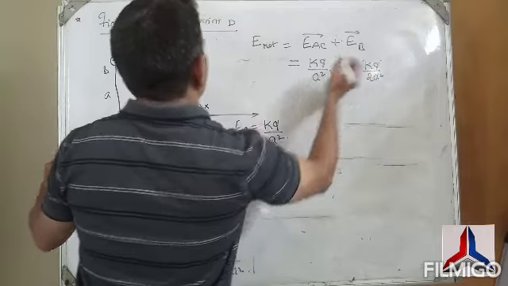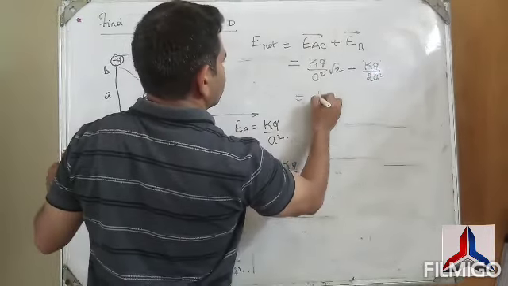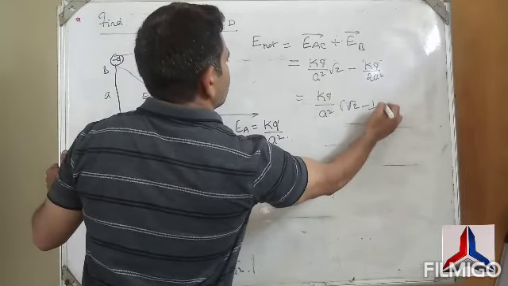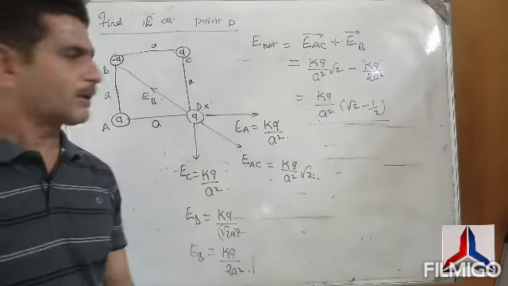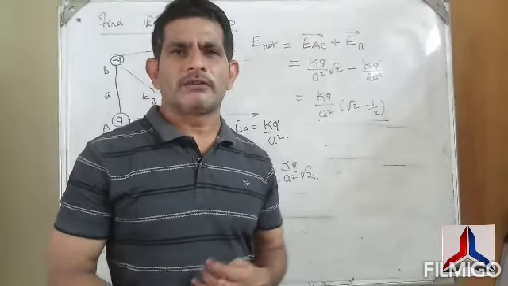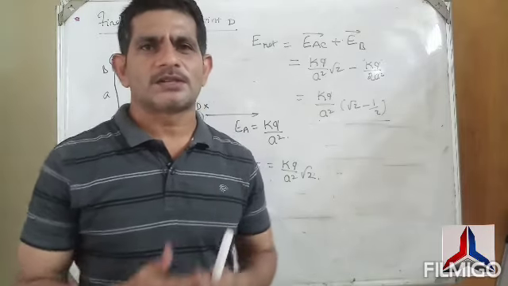No, it is in the opposite direction. Since it is in the opposite direction, you take the subtraction. So therefore KQ by A square (root 2 minus 1 by 2). I think you can understand this value. Okay, beta? So practice these examples, prepare very well, prepare seriously, then you can understand the beautiful things. Okay.